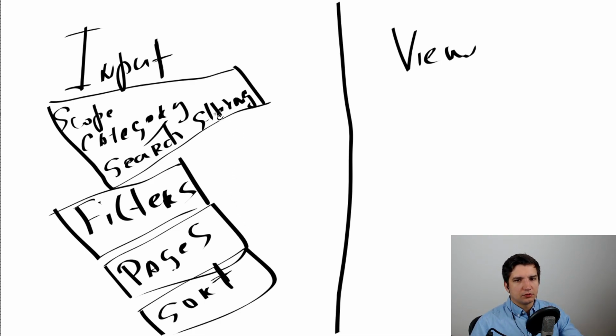So this is our input, and here our output is going to be giving some data to the view in order to render the output of the page.